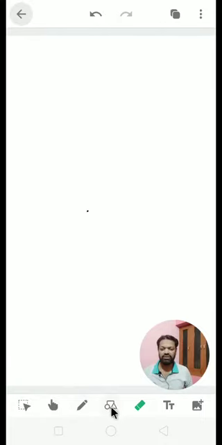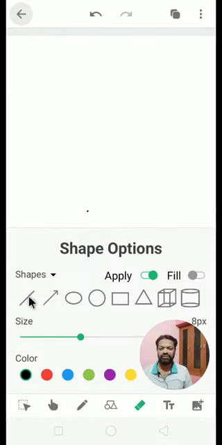So first of all, we will draw the figure as per the given question. Suppose this is the building, this is 7 meters, and let this be the tower.